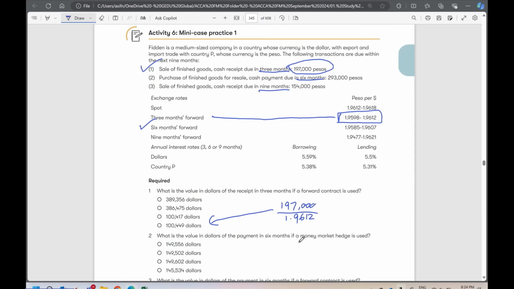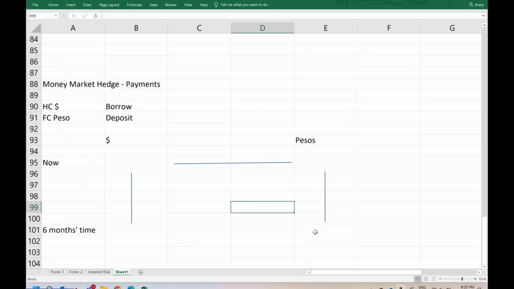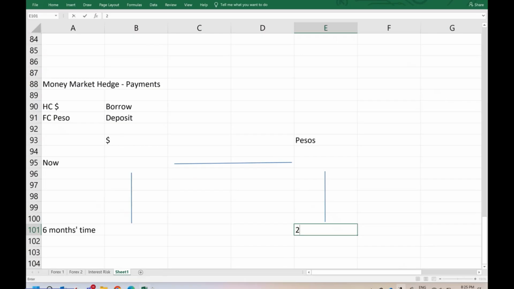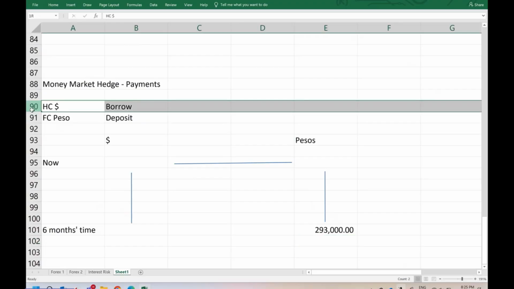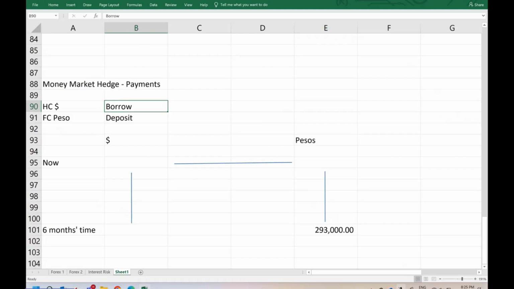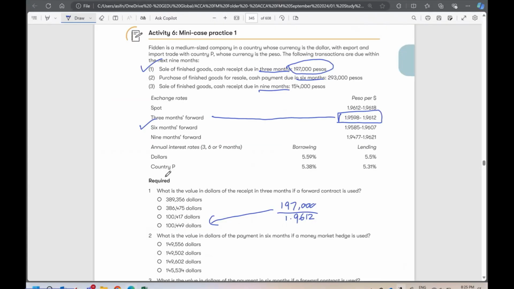Should I solve it? Okay, so we have to pay 293,000 pesos. First of all, find these rates. Dollar borrowing rate, 5.59%.